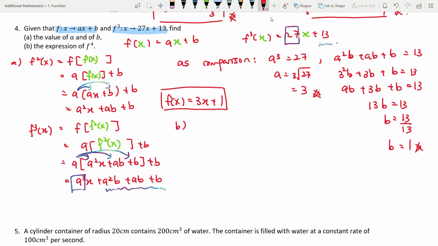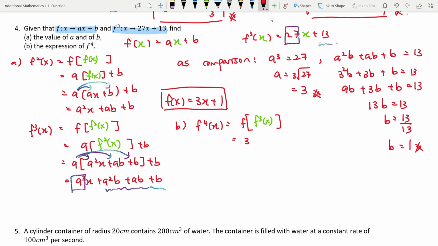B. Find the expression of f⁴(x). f⁴(x) is equal to f(f³(x)). We are going to substitute f³(x) into the f. Our f(x) is 3x plus 1.